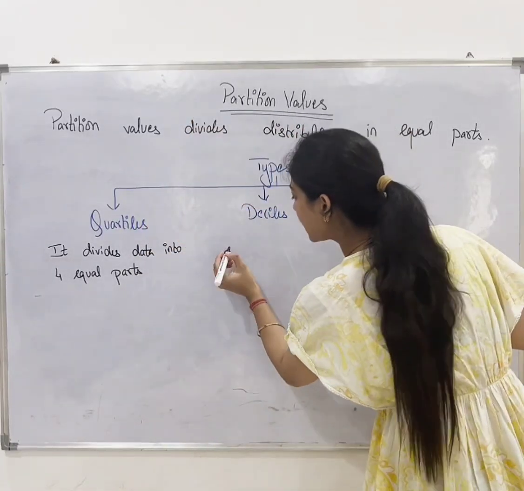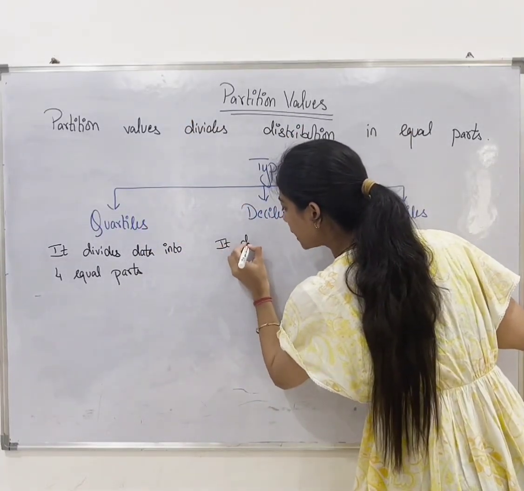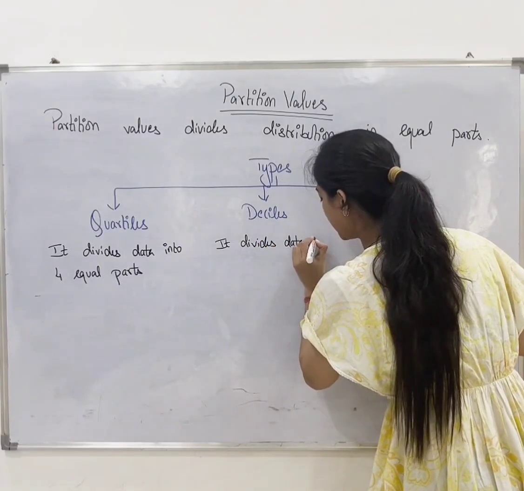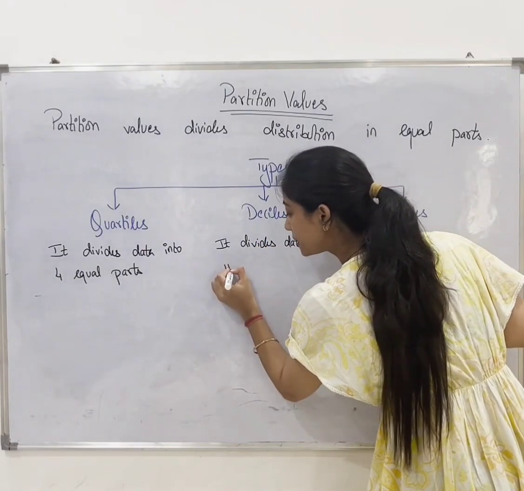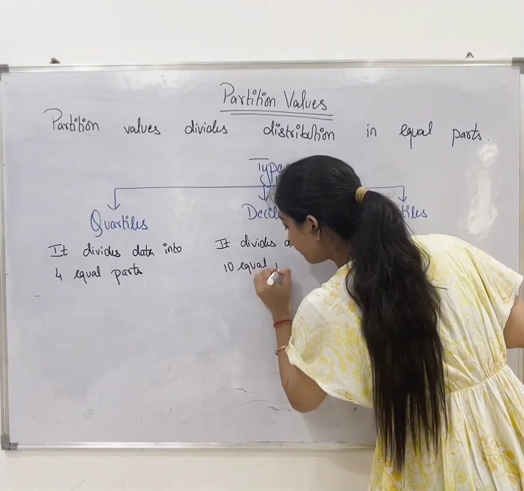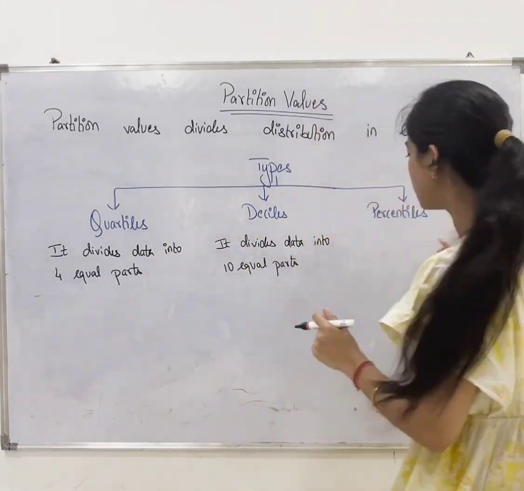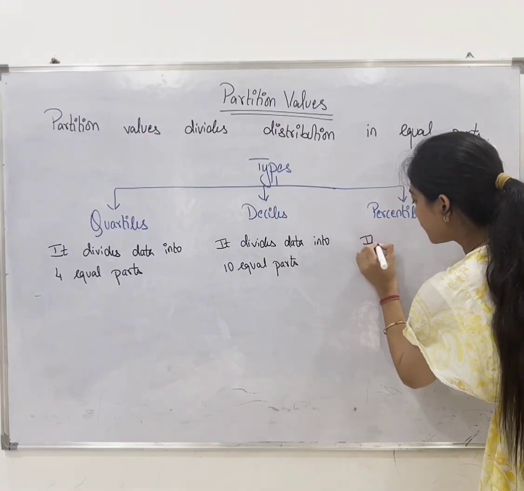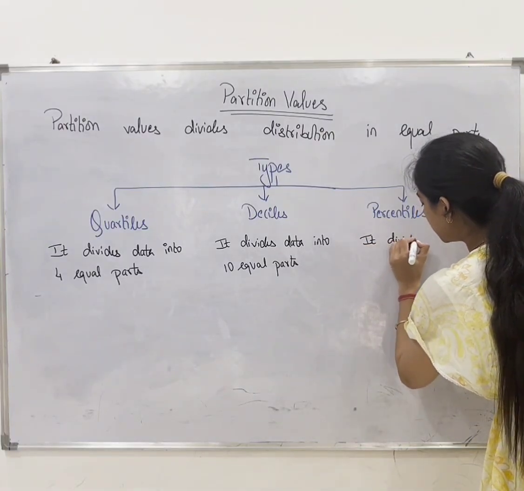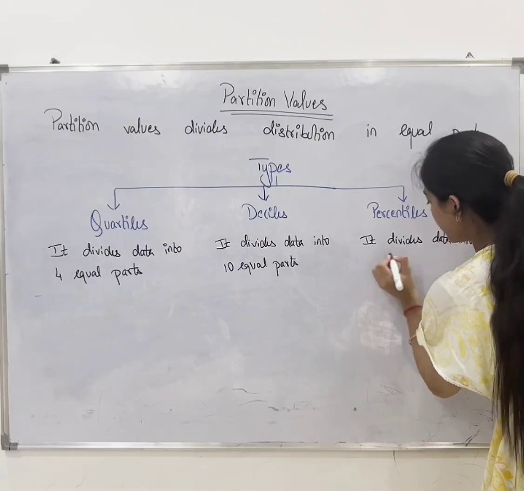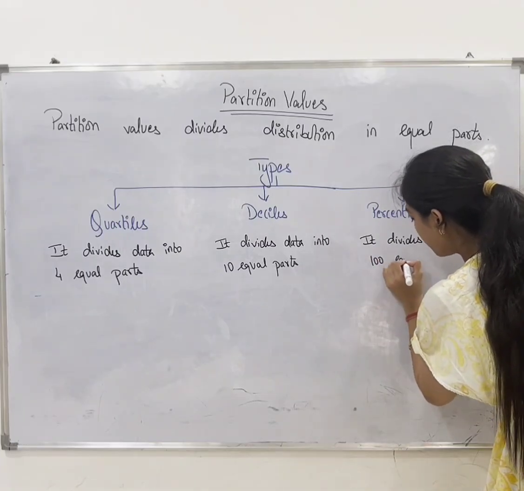Next, deciles divide the data into 10 equal parts. Coming to the last one, percentiles, it divides the data into 100 equal parts.